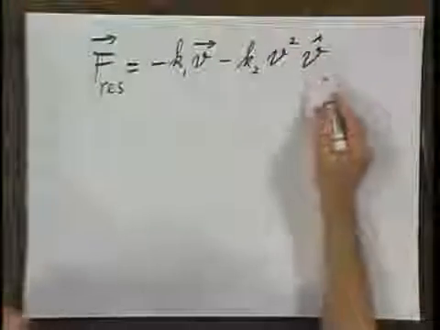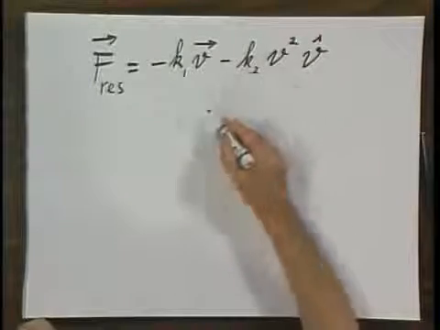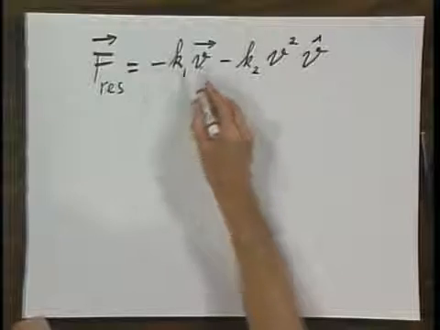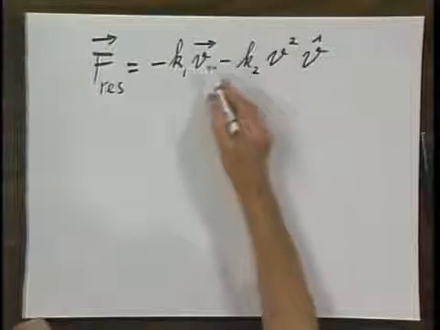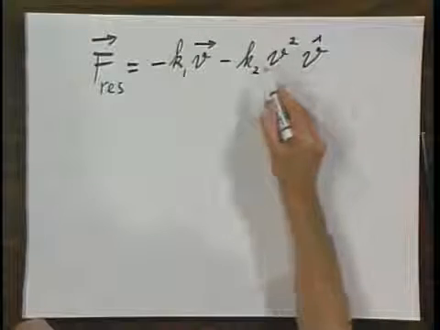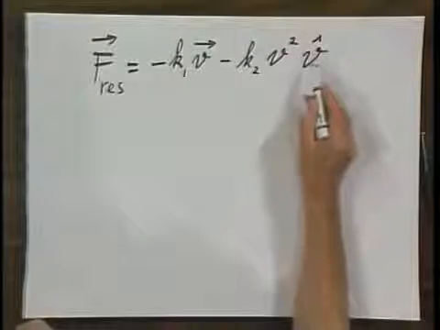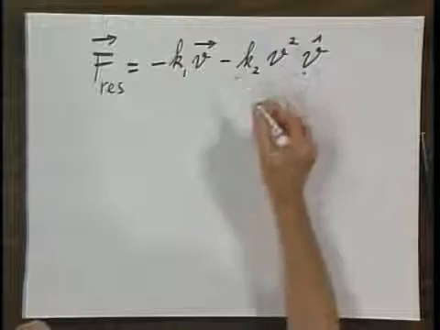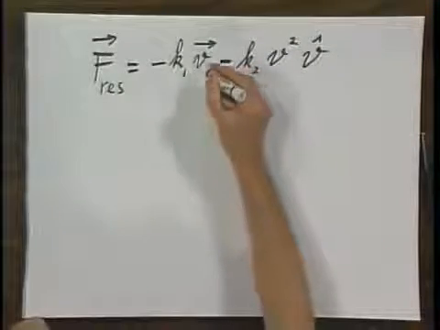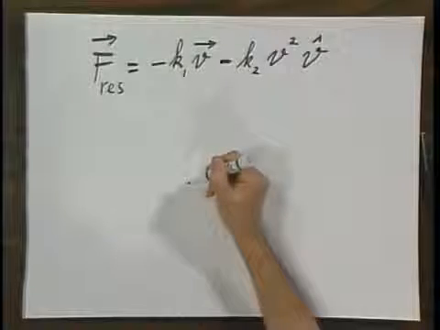What does this mean? It means that if K1 and K2 are positive values, the resistive force has two terms, one proportional to v and one proportional to v squared, but each of them opposes the direction of the velocity. That's why you see the minus v roof here and the minus v.